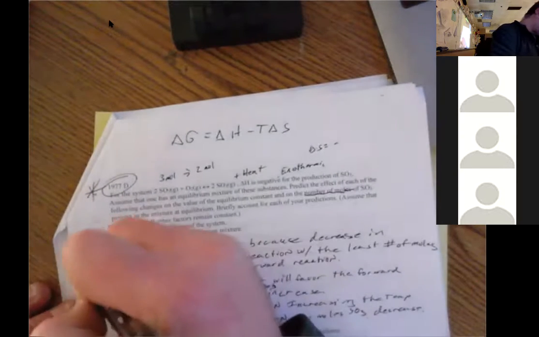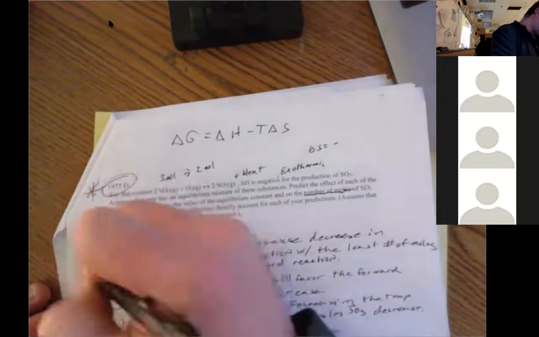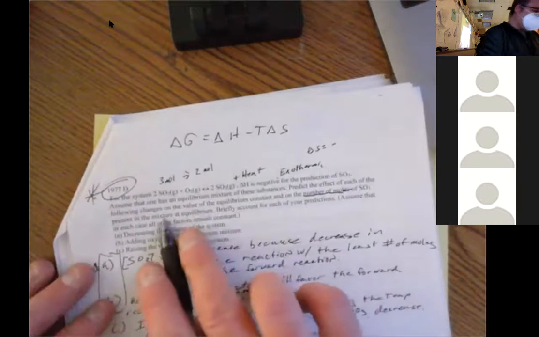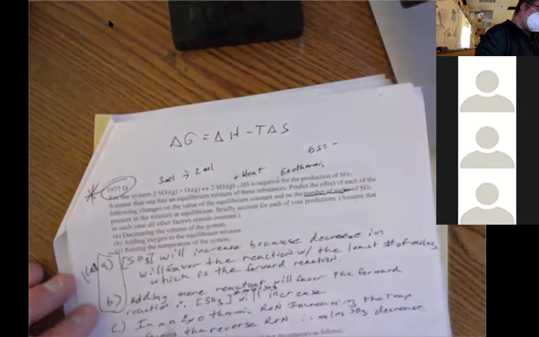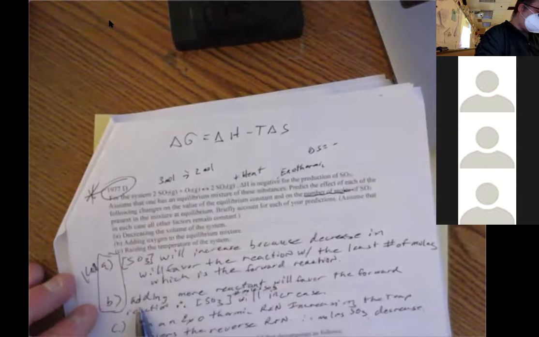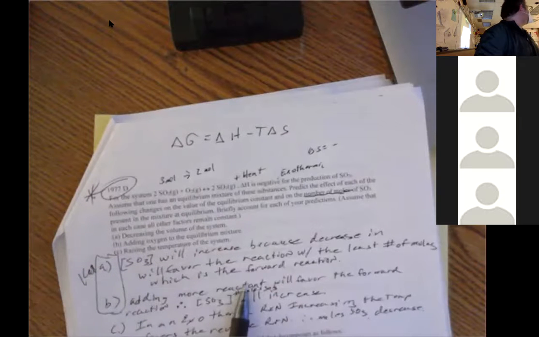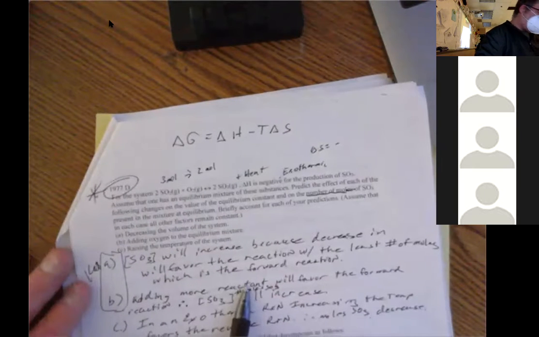For each of these, K sub EQ will remain constant as well. It does say predict each of the following: changing pressure and changing the concentrations of these. It's not going to change that.